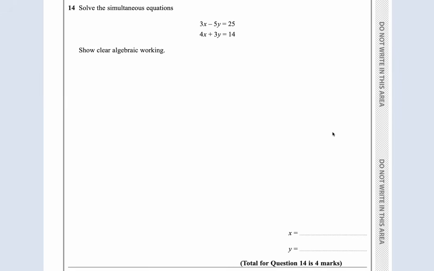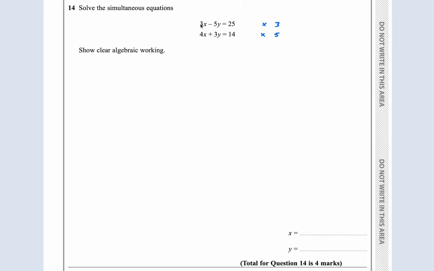Question 14. Solve these. Show clear algebraic working. You can't just use your calculator, guys. So I am going to multiply this one by, you could choose 3 and 5 or 3 and 4. I'm going to do the 5. Let's do this times 3 and this times 5. That will give me common y's.